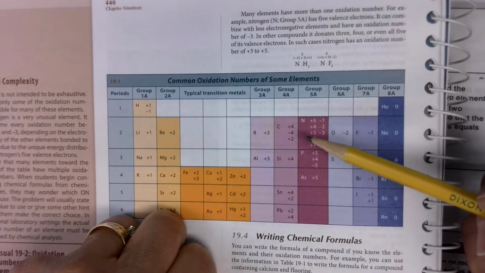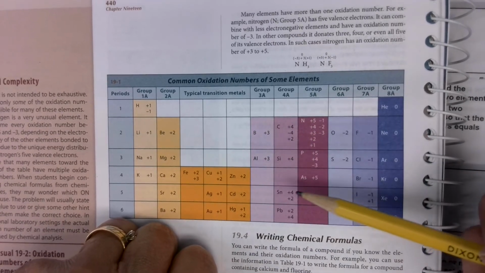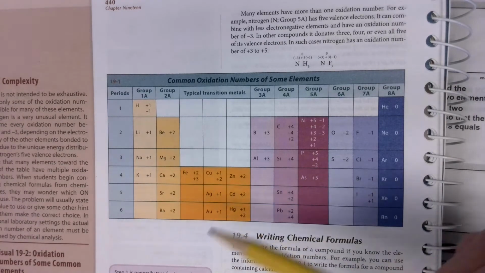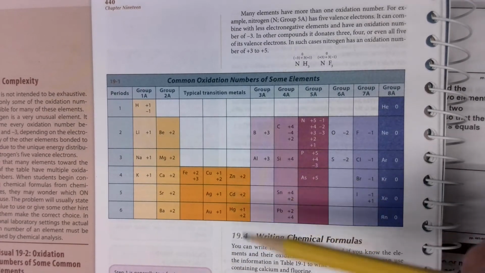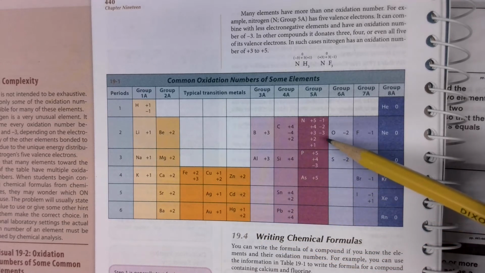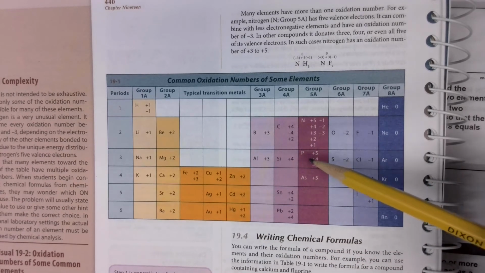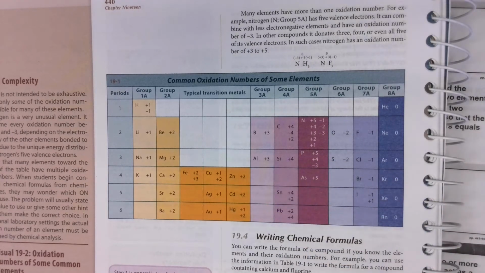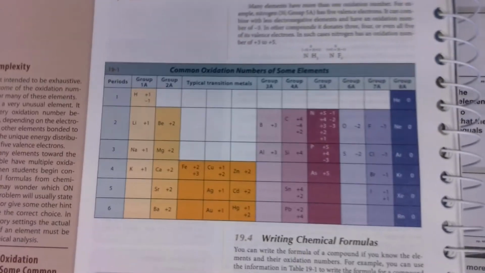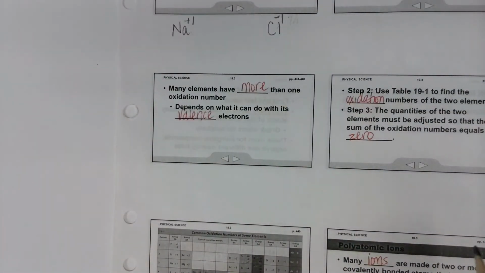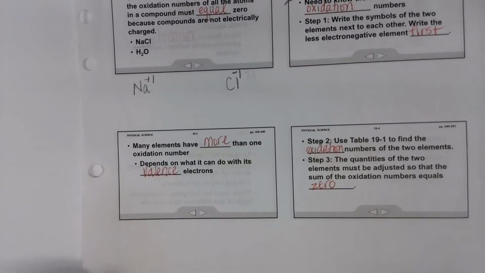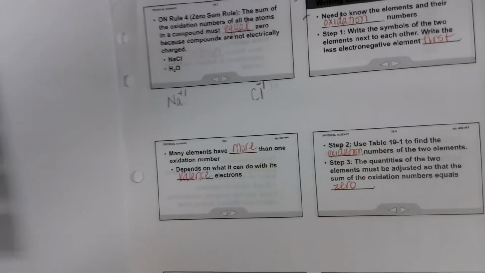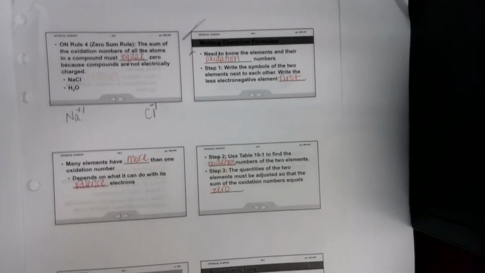Same thing with carbon, or all of these other ones where you see multiple oxidation number choices. It just depends on what that element is bonding with. It's flexible, right? That chart on 440 will be an excellent tool for you to refer to if you have a question.